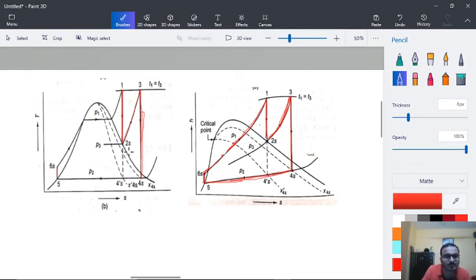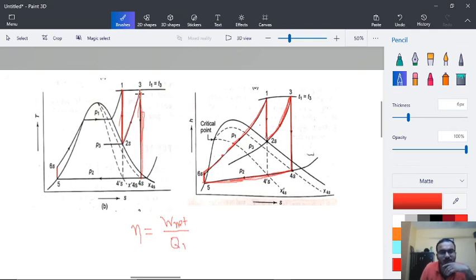So here one more thing which we should discuss is that the work output is increasing, because if we see our standard formula, eta is equal to W net upon Q1.